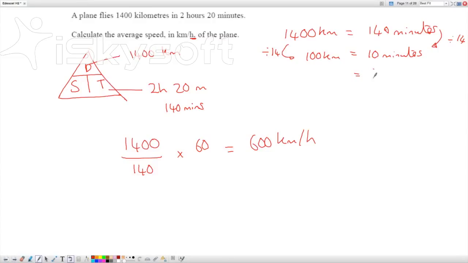We're interested in the speed per hour, so we're looking at 60 minutes. So from 10 minutes to 60 times by 6, again here 100 times 6, brings us back to the same answer of 600, per 60 minutes, per hour. Our final speed value here is 600 kilometres per hour.